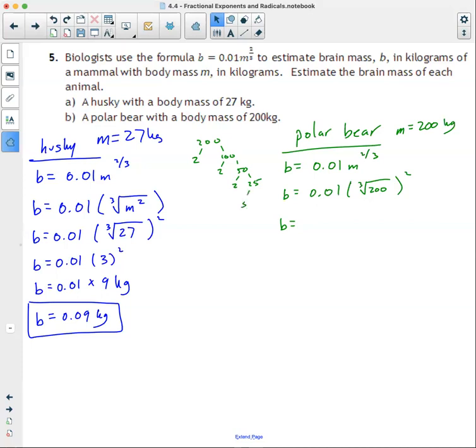So that's not going to give us a nice perfect cube. So cube root of 200 squared is 34. And the brain of a polar bear is going to be approximately 0.34 kilos.